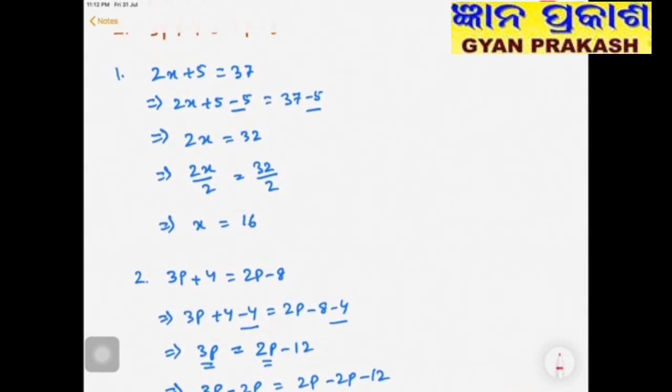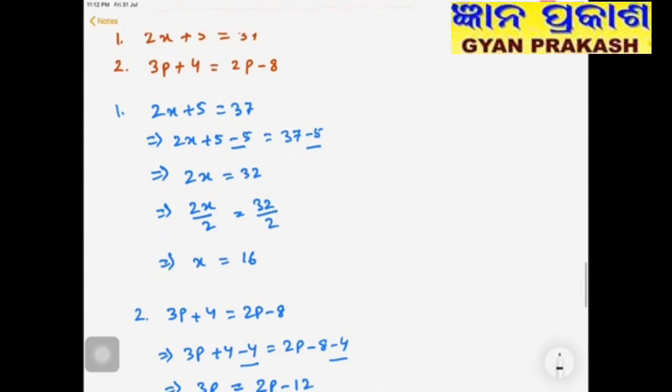Here we had already taken 2x plus 5 equal to 37. Now we are going to transpose. Here 2x plus 5 equal to 37 we are given.